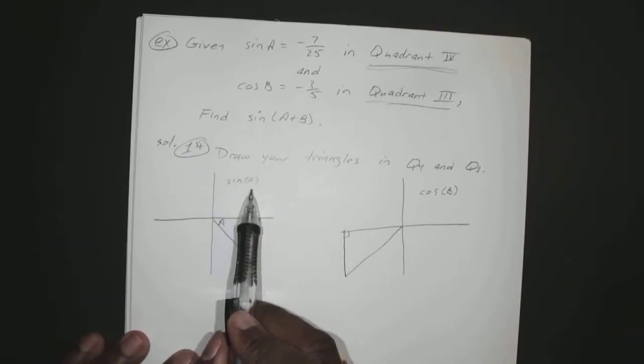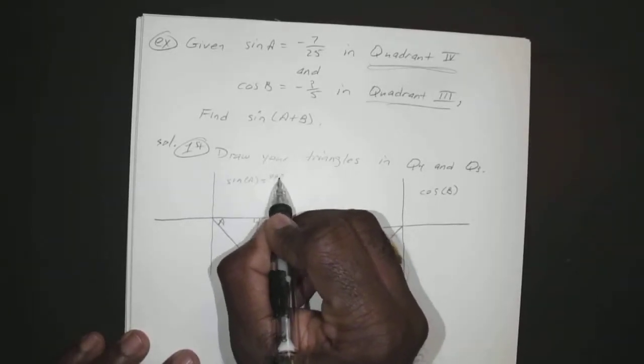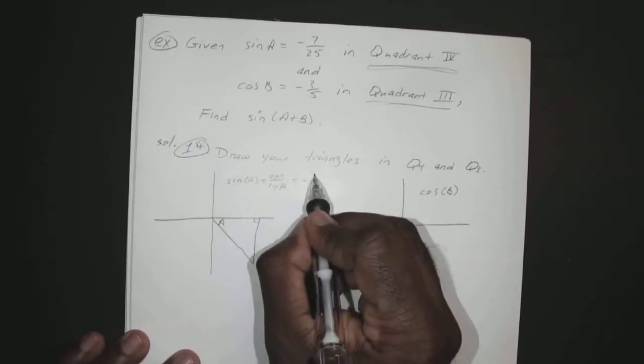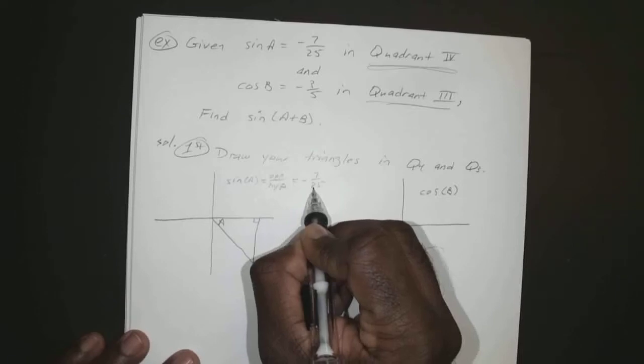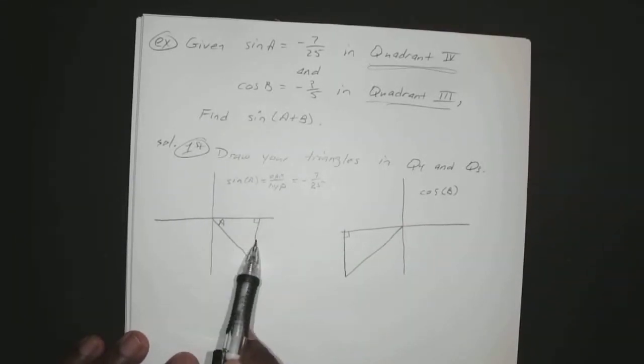Okay. So we know sine of A, remember that's opposite over the hypotenuse, which is negative 7 over 25. Okay, so it means your opposite is 7. So from A, your opposite is 7.